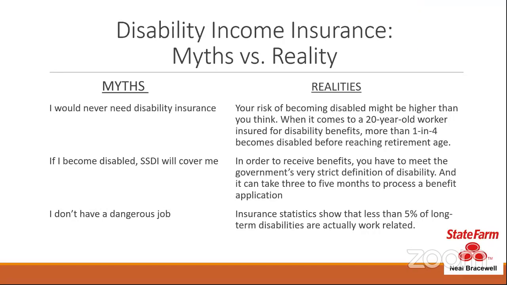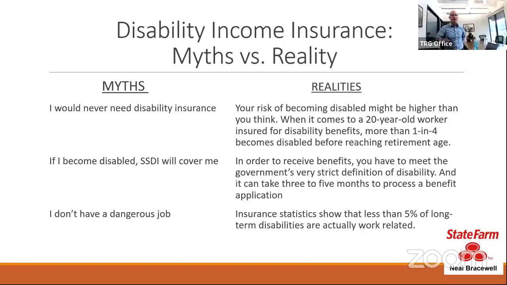Everybody who's gotten PPP loans and things like that can understand that. With the government, you're going to have to wait to get that disability, usually 3 to 5 months, just to put in the application. And then you're waiting on the government to get the check.